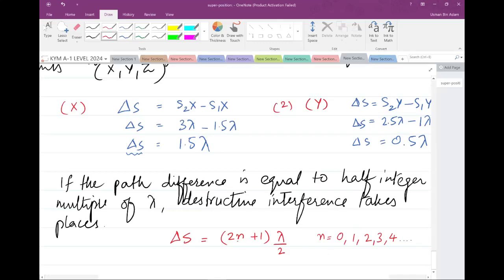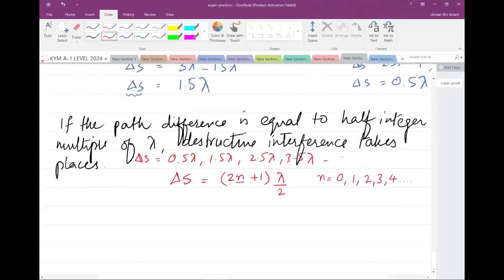If you place 0 in place of n, 0 times 2 becomes 0, plus 1 is 1, and 1 multiplied by lambda by 2 gives you half a wavelength. So for all the values of delta S equal to 0.5 lambda, 1.5 lambda, 2.5 lambda or 3.5 lambda, that's where the destructive interferences are taking place.